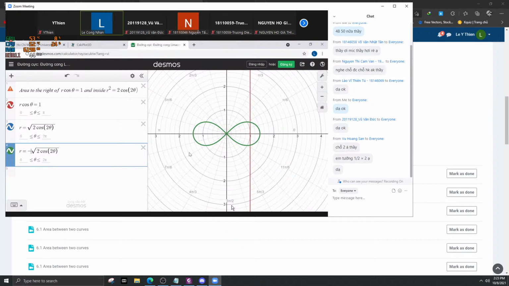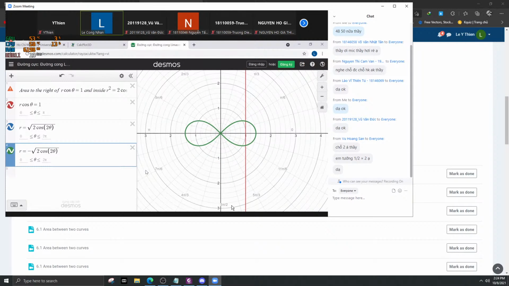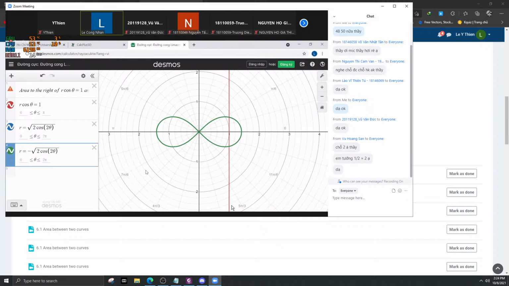So we have the formula of the area. To compute the area of this region, we apply the formula: A, the area of this region, is given by the integral from theta 1 to theta 2 of the outer radius squared minus the inner radius squared d theta. So what about the outer radius?